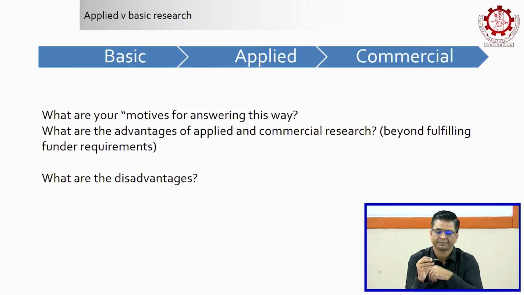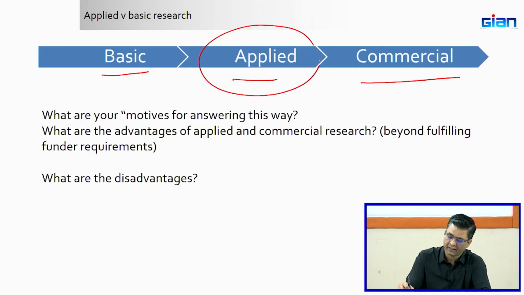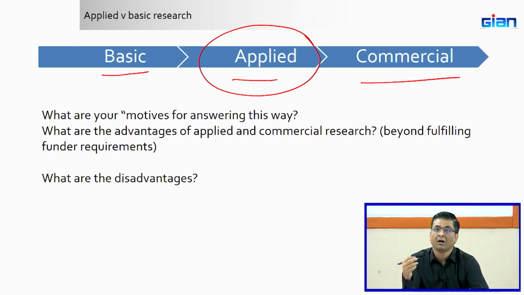So, what should be the research and what should be the innovation activity? What are the different types of research? Research is normally classified into three categories: basic, applied and commercial. Most of you in food science are in applied research. Basic research is how a butterfly flies, how a plant grows, how a plant converts CO2 and water into glucose.